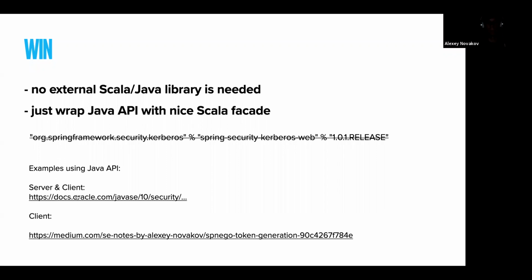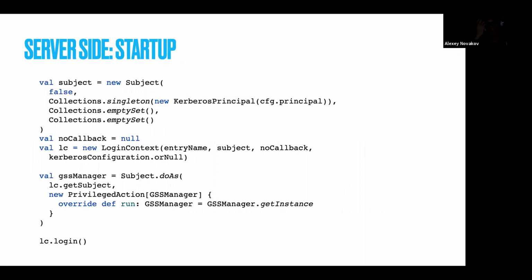There are many examples on the Oracle website in the Java documentation, and I also made an article some time ago on how to generate a user token if your client is actually another Java application, at this link.